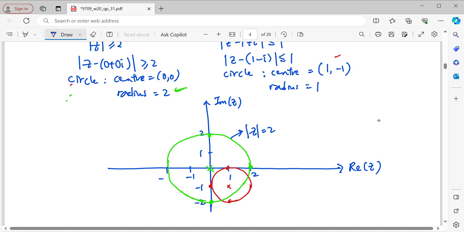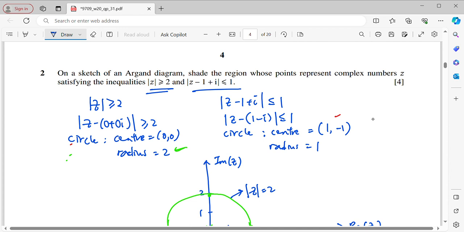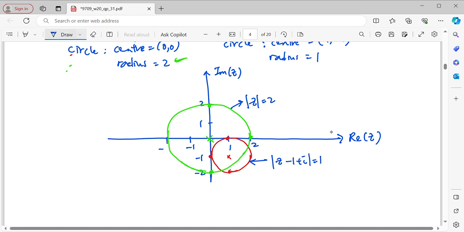That is the circumference. And for the red color, it will be modulus z minus 1 plus i equals 1. Okay, so when you look at the diagram, the inequality now, the distance from the center is at least 2. So at least 2 means that when it is 2, it will be on the green color. So at least 2 means that it will be more than that, so it is over here.